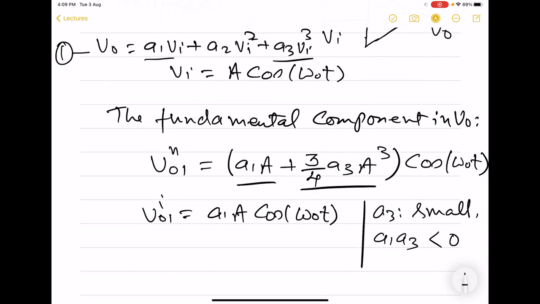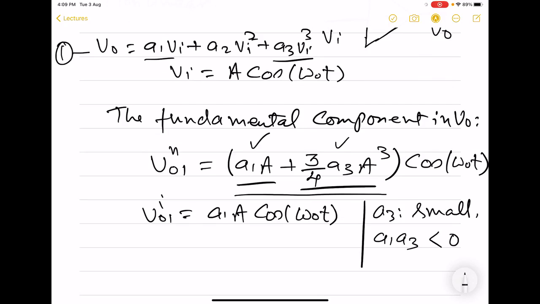So here we have this scenario, and now you can see that the overall amplitude of the fundamental has two components, from the ideal and from the third order, and they are of opposite sign.